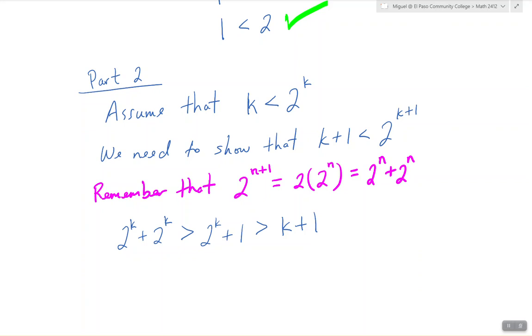So that's automatic, that's true in this whole part that we're doing. 2 to the k is bigger than k, so if this is bigger than this, and I add 1 to both of these, then this is still going to be bigger than this. Does that make sense? If I add 1 to both of them, they both increase by 1, but this number is still bigger than this, because of our assumption: 2 to the k is larger than k. Let me write by assumption here.